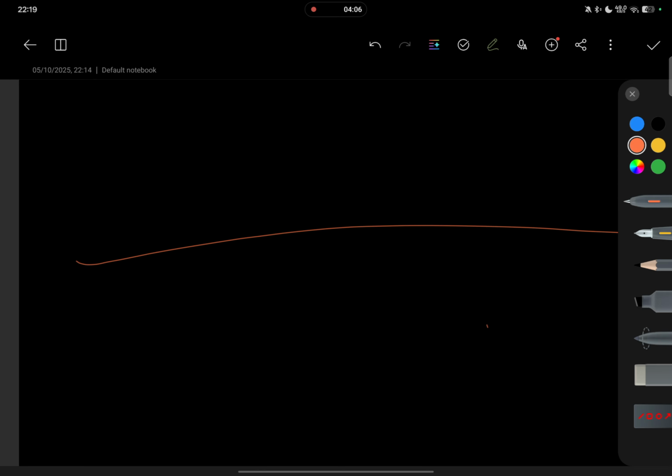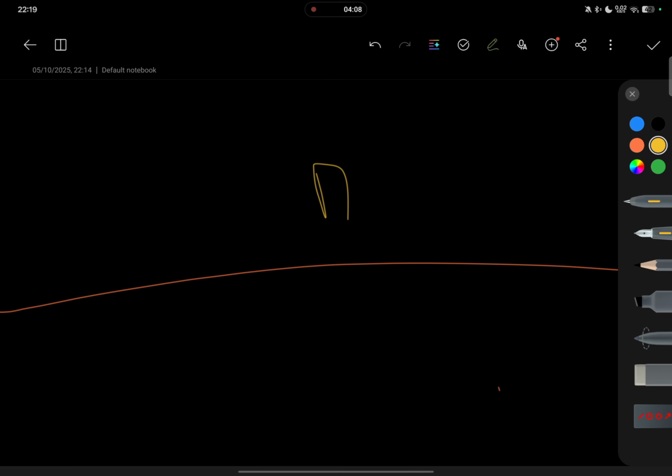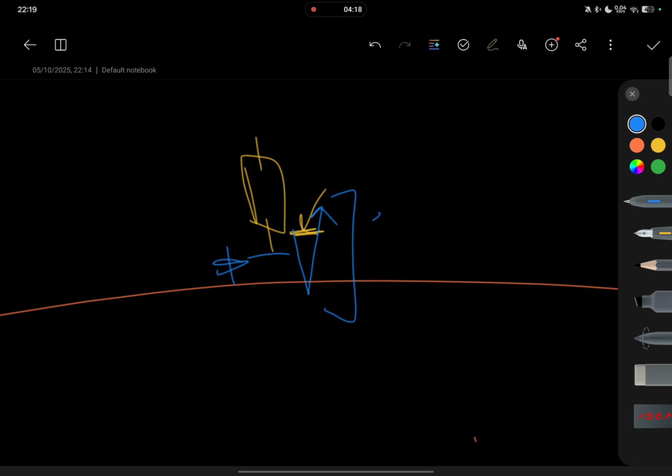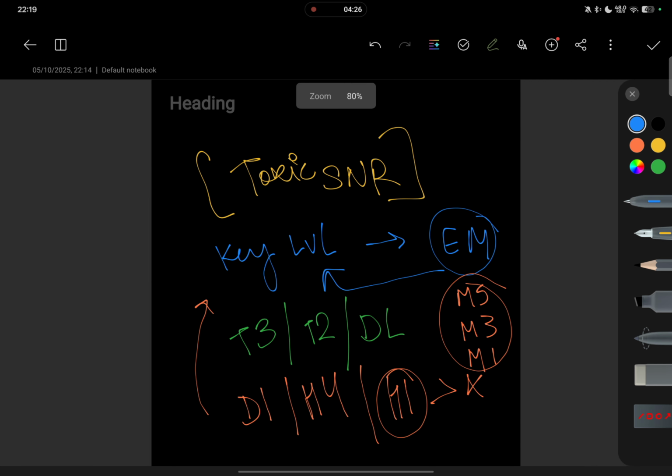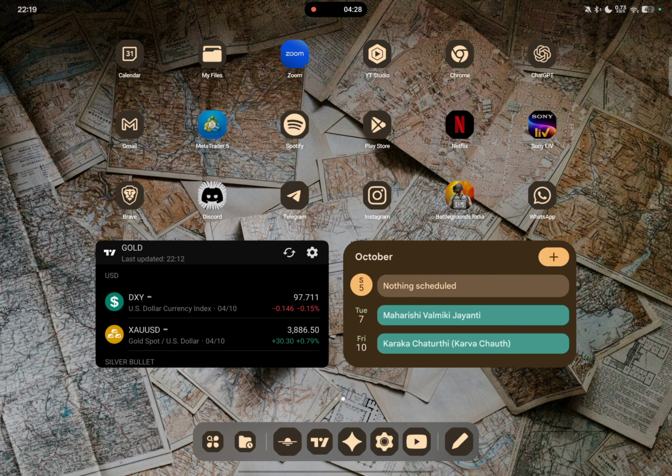The candle is approaching and a new candle starts here, and that new candle takes out the previous candle's low, acting as liquidity, and on the way out you have your entry model. That's your sign of entry. So that's the basics of Toxic SNR.